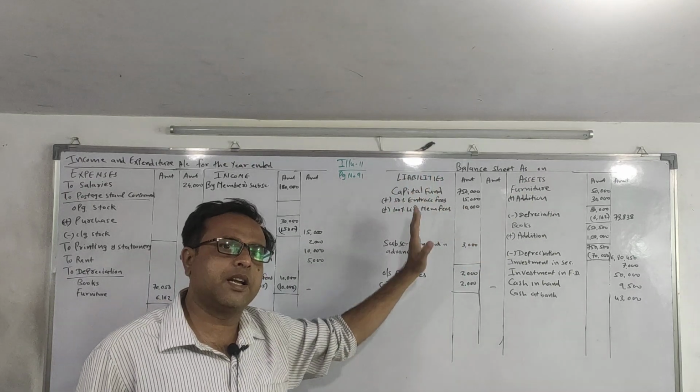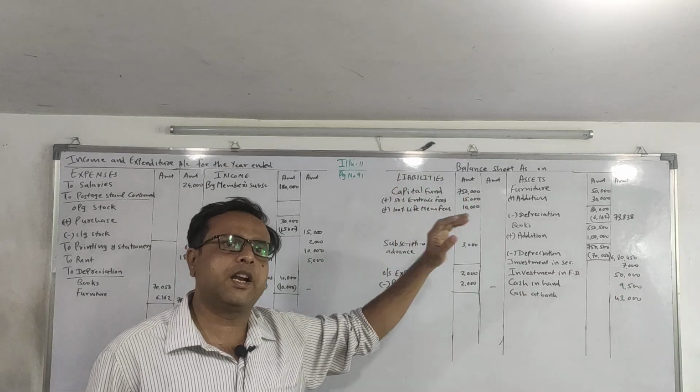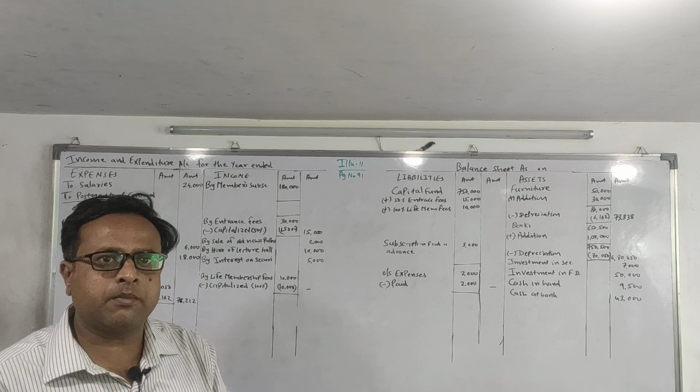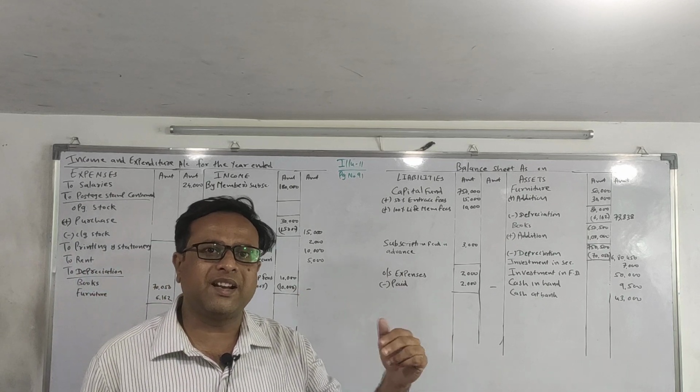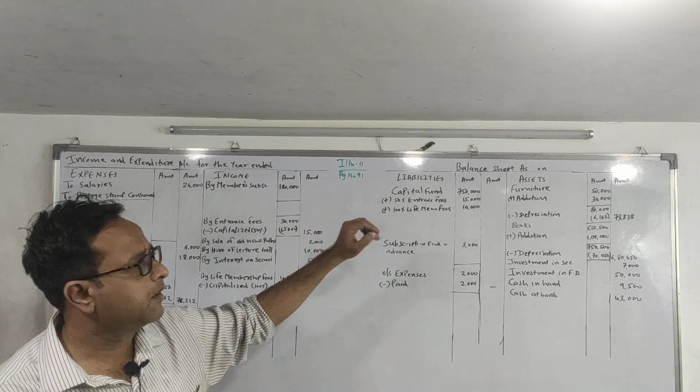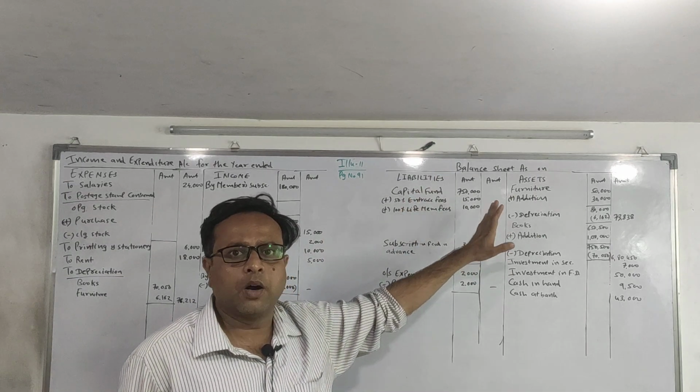On the liability side we will write everything. On the asset side, except cash and bank balance and stock of postage stamp or stock of sports material, etc. So this is your first part, but I am not writing it down now.